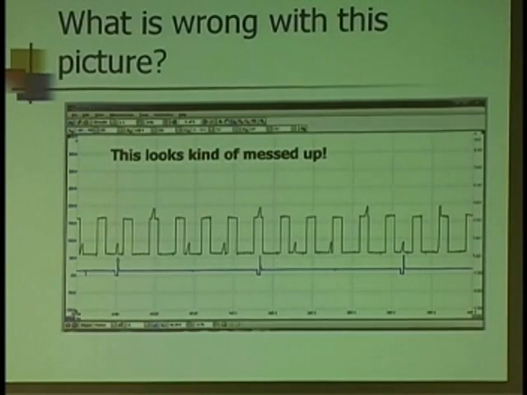What about this pattern? Again, I got a blue voltage trace. Green is the current for the injectors. Here's number 1, 2, 3, 4. 1, 2, 3. What would you think if you saw that on your screen?